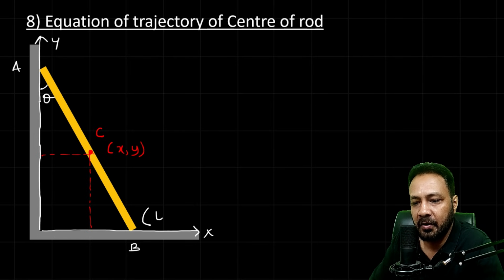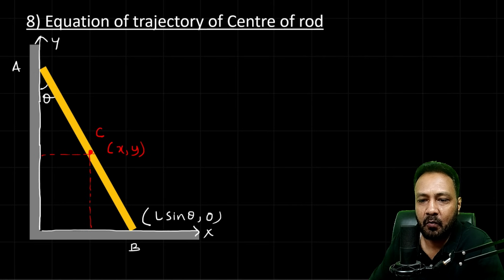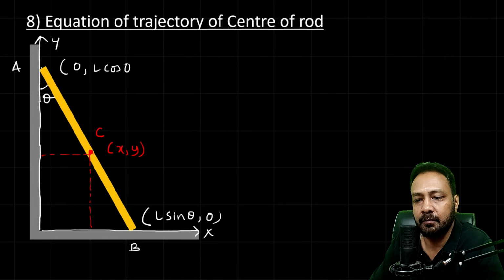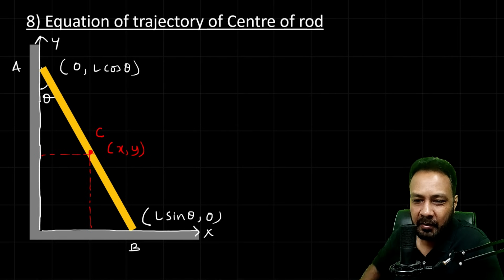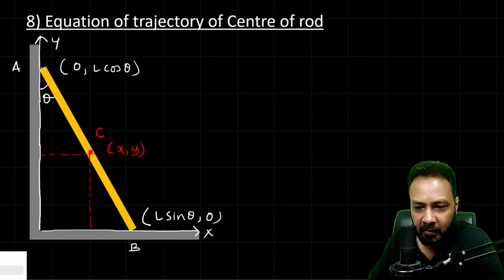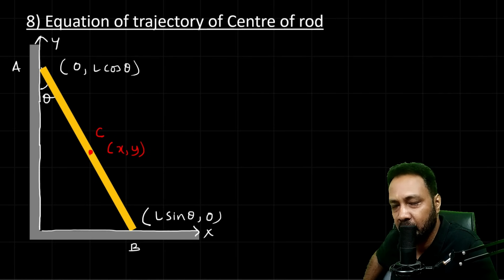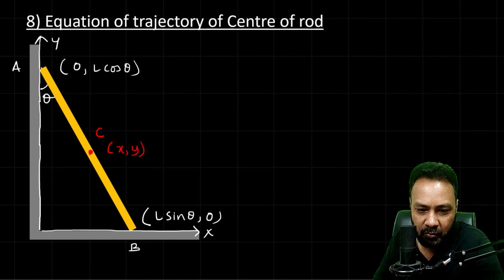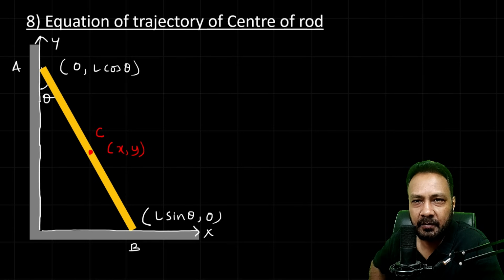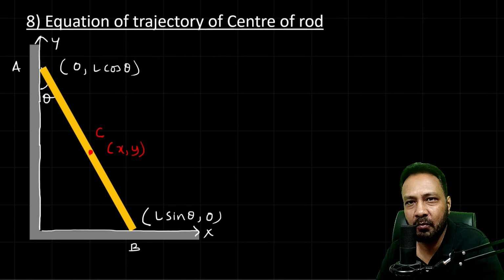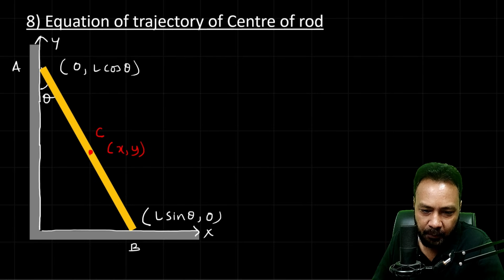The coordinate of this point would be L sine theta comma 0, and the coordinate of this point would be 0 comma L cos theta. So directly, without any fuss, we have 2 points, their coordinates are known, so the coordinates of the midpoint of those 2 points are simply x1 plus x2 by 2 comma y1 plus y2 by 2.